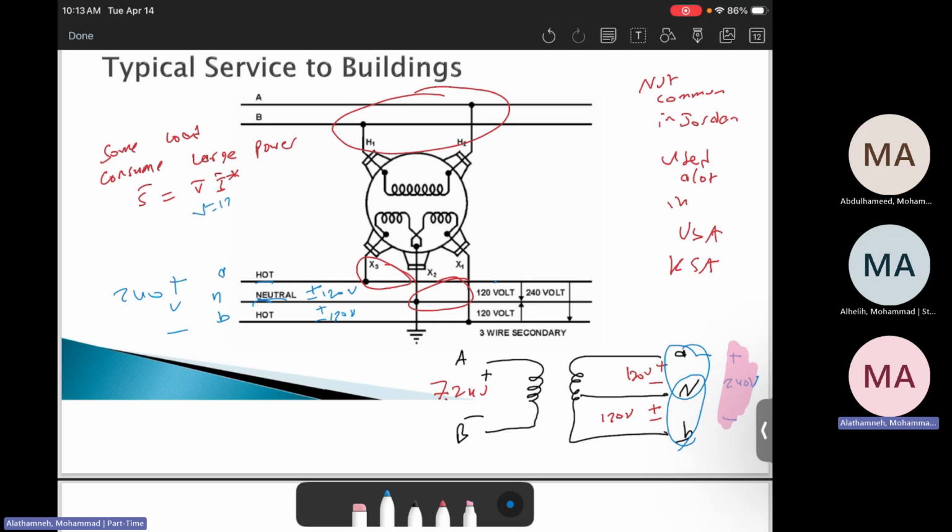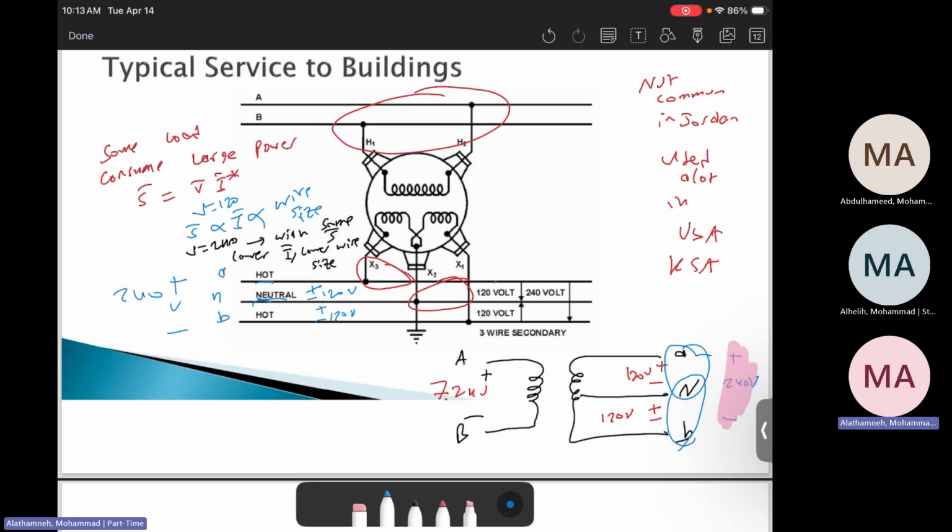If we put V at 120, then we can say S is directly proportional to I. Then it will be directly proportional to wire size. So in some applications, if we have 120 volts, you need a very big wire size. However, if we make it 240 with the same S, you might need a smaller wire size because of lower I. So when we make it lower size, this can be applicable for large loads.